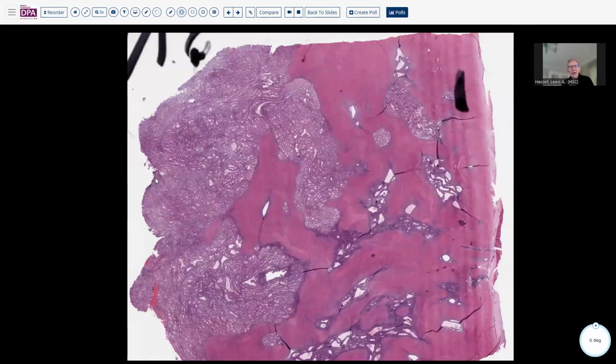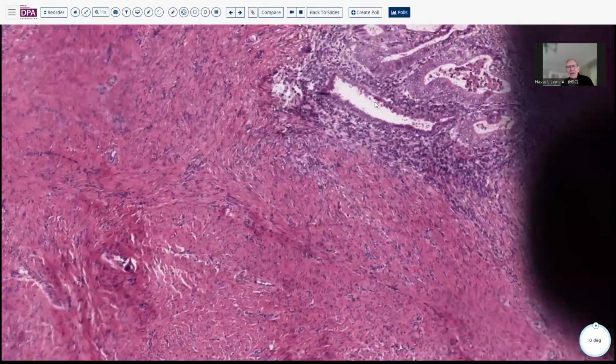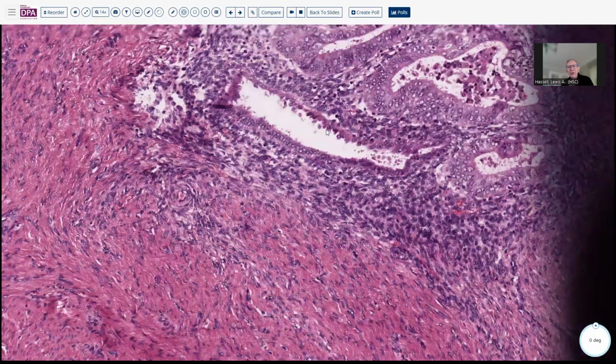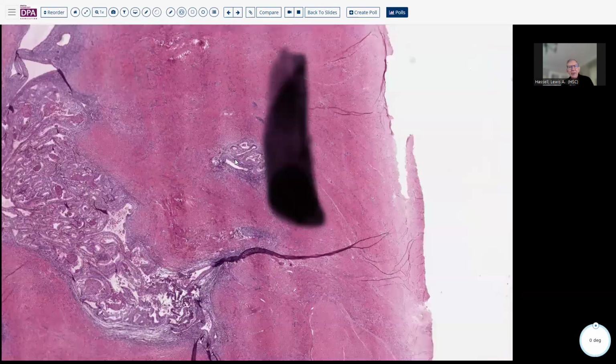So this case should be still staged as a T1A because this is all adenomyosis rather than a T1B with nearly full thickness invasive disease. And again, even this little cluster here has this benign gland in contrast to this more neoplastic gland, thus defining it as adenomyosis.